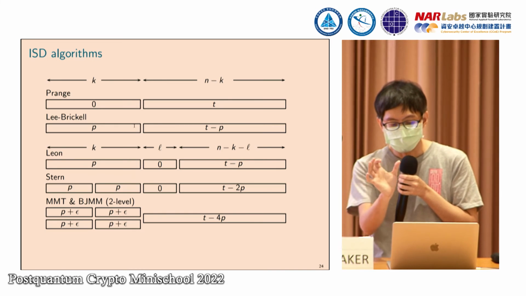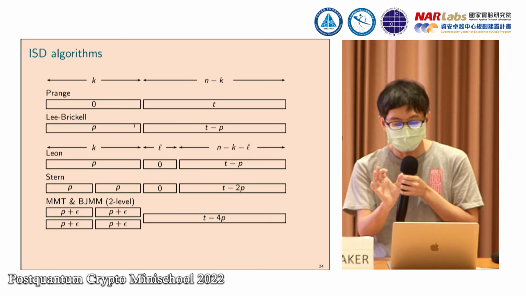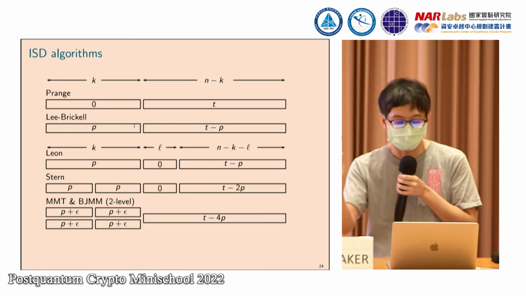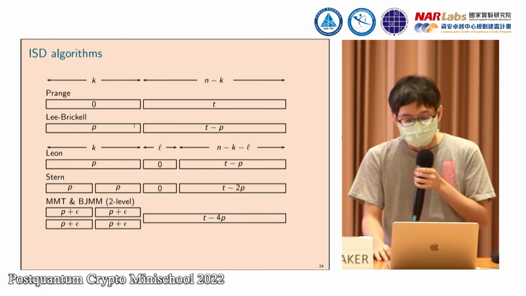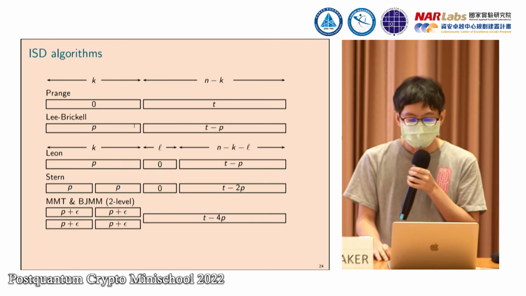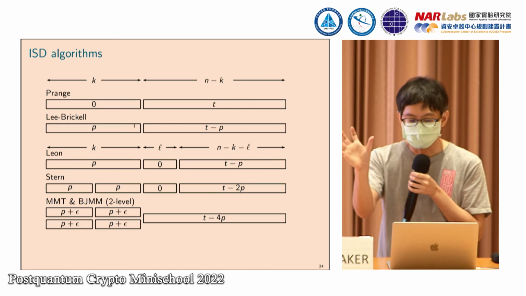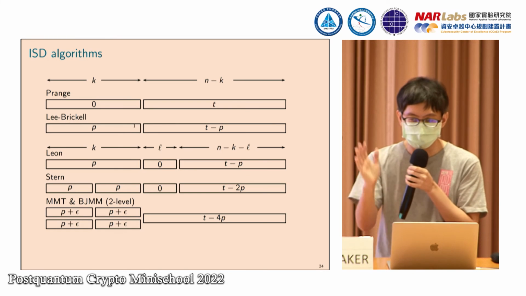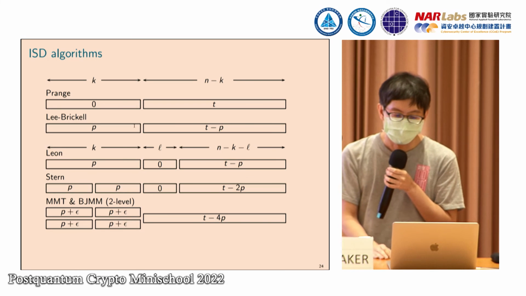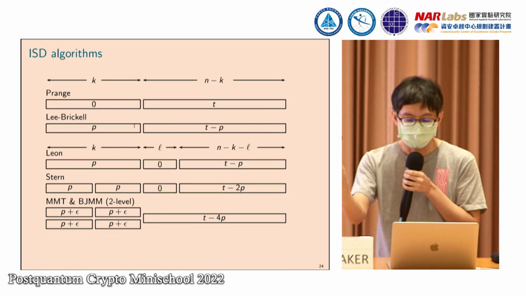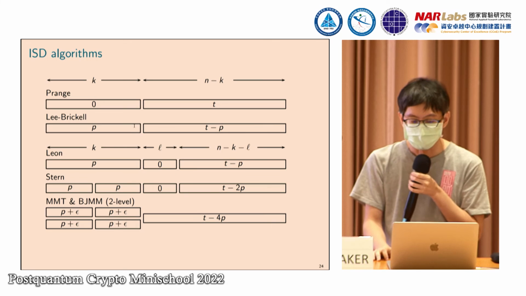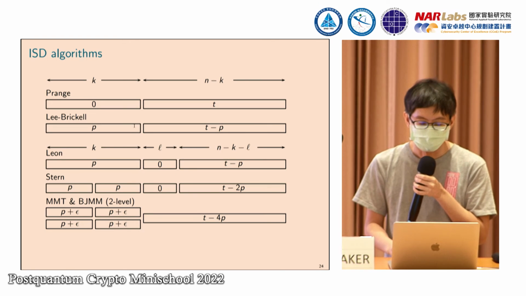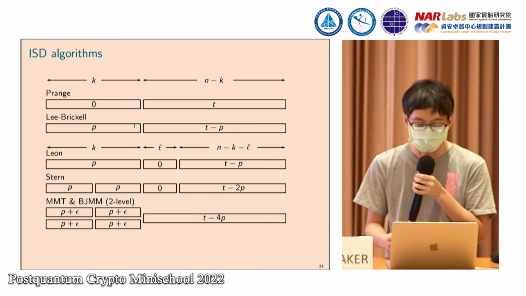And for the rest of the entries, Leon considers that they have p errors and t minus p errors. For Stern, Stern tried to divide the errors in the first k entries into 2 parts. So this is why we have p, p, and then finally t minus 2p. And then we have the fancier algorithms MMT and BJMM.